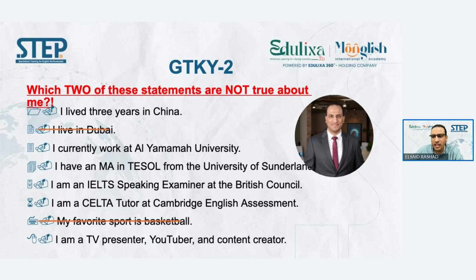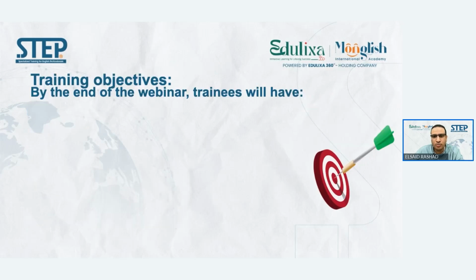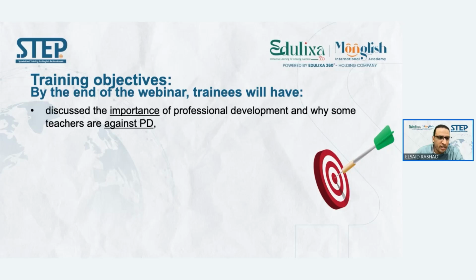These are today's session objectives. The first one is we're going to discuss the importance of professional development, and why some teachers are not with professional development. Some teachers are actually against it. Our second aim is to outline some reasons why people should do professional development.